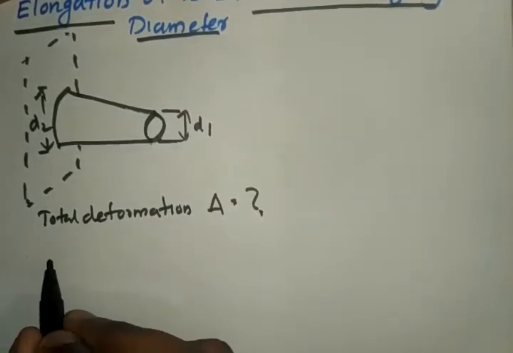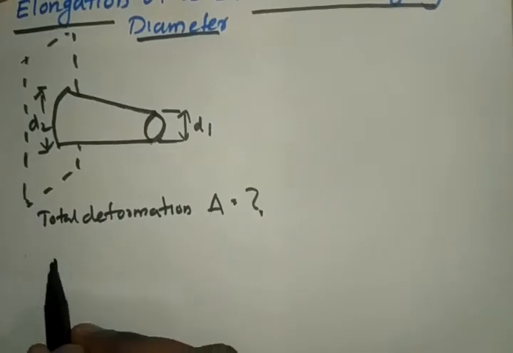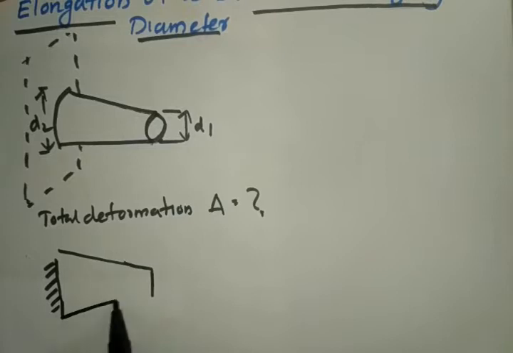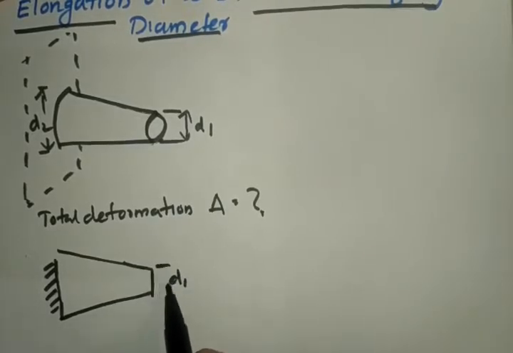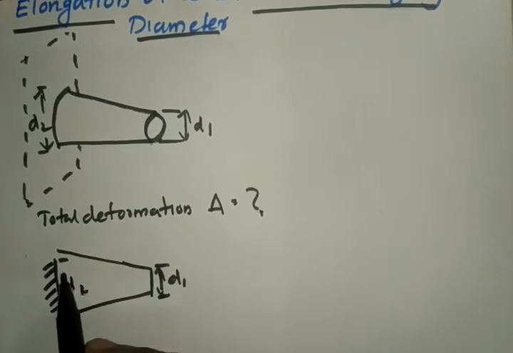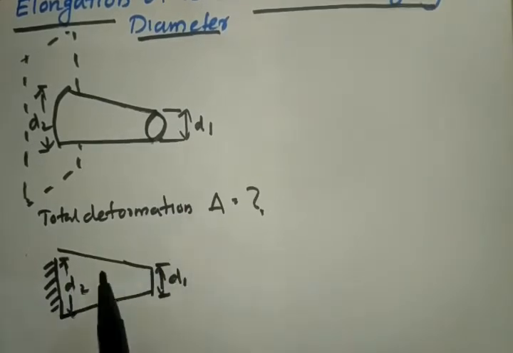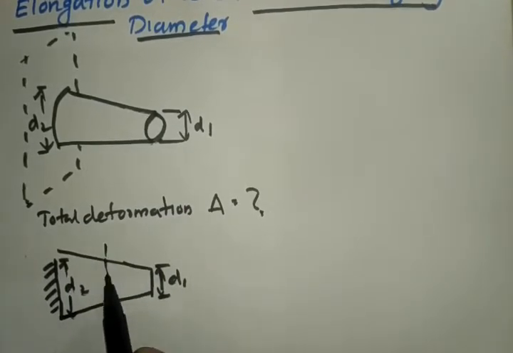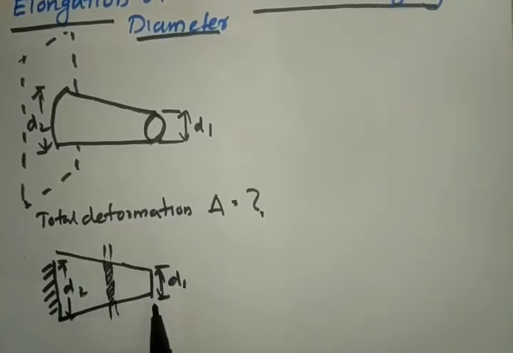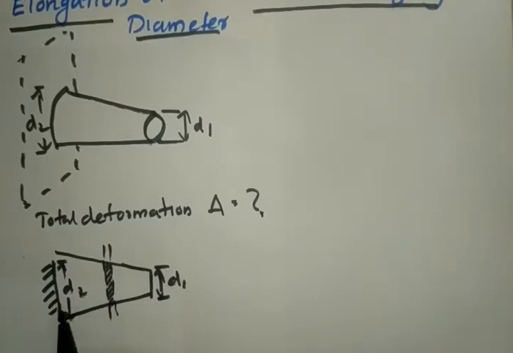Okay, so let us take the cross sectional view like this. It is D1, it is D2. So we have to calculate the deformation of a very infinitesimal member and then integrate this from 0 to the whole length.